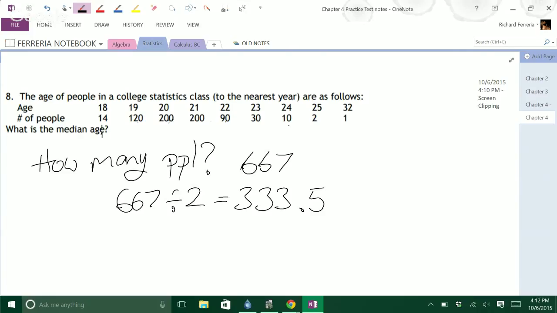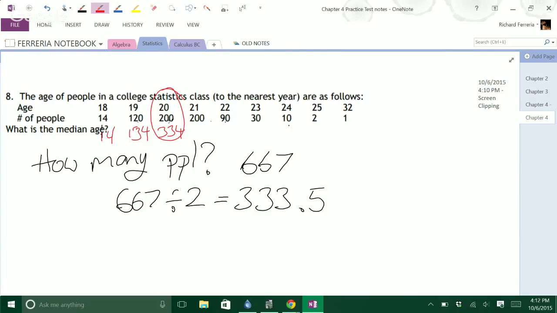This is a cumulative now. So this is 134, 334. So that 334th person would be here, 20. Usually they're not that close.